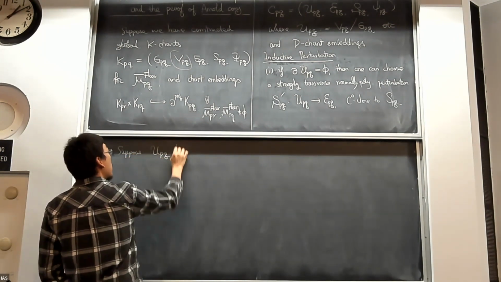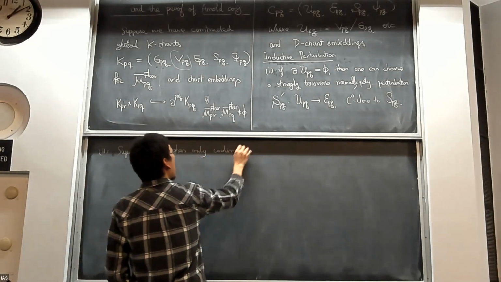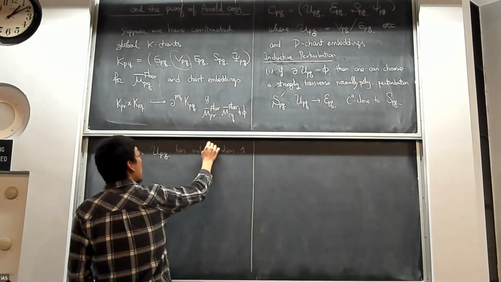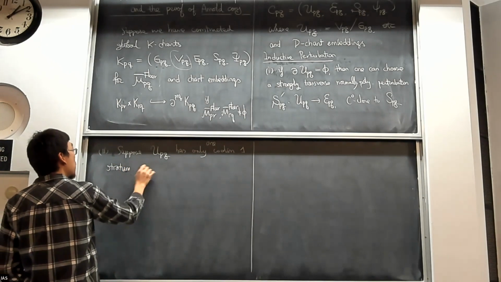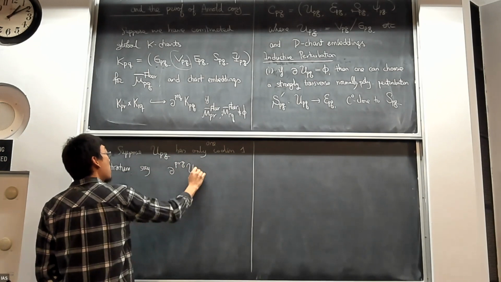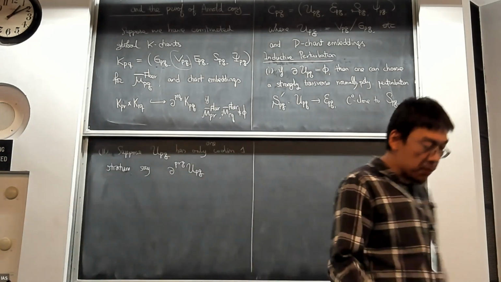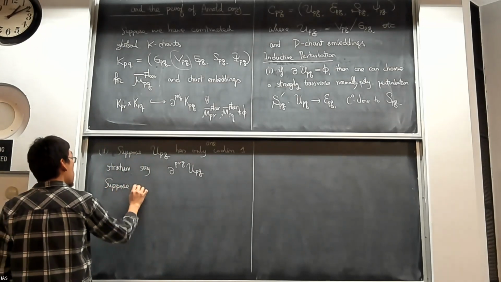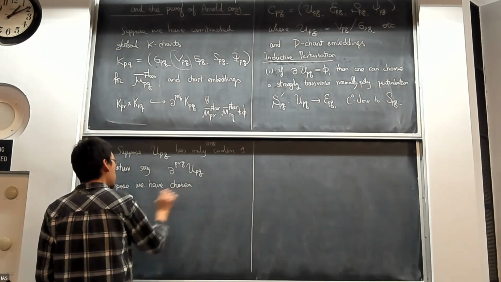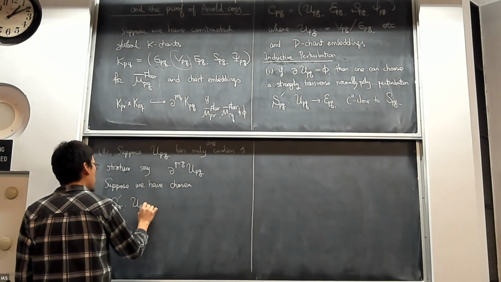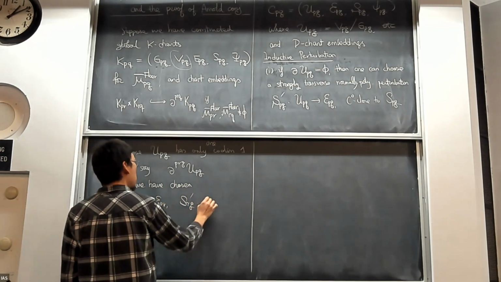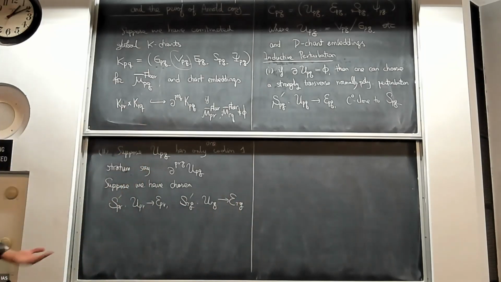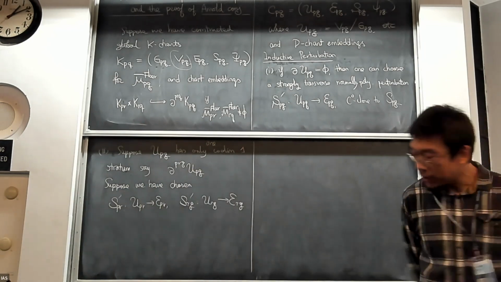Suppose U_PQ has only one codimension 1 stratum, corresponding to the configurations that break at an orbit R. So suppose we have chosen S_PR prime and S_RQ prime, which, like in step 1, are strongly transverse, normally polynomial section perturbations.